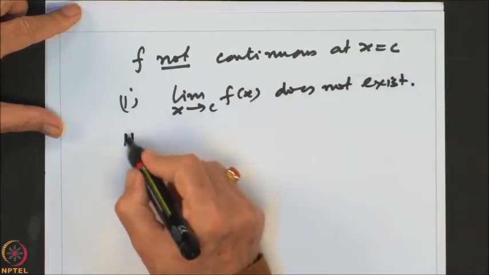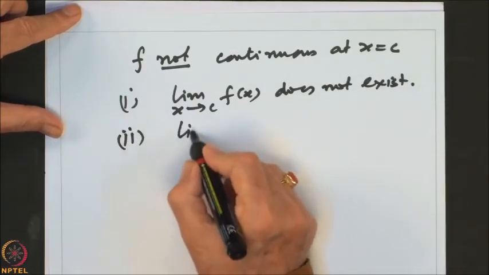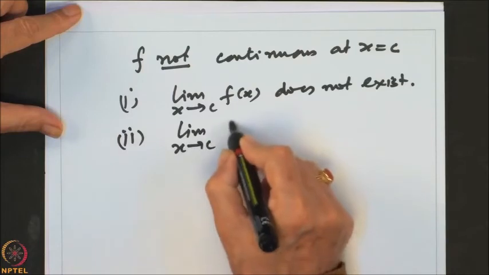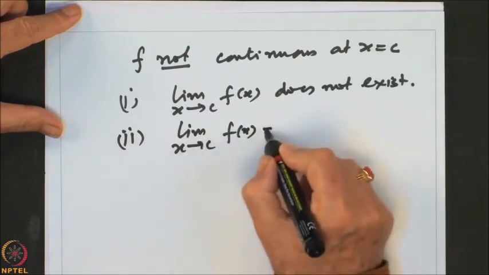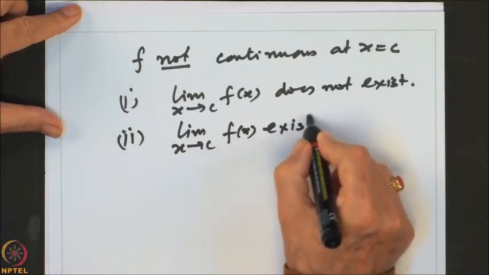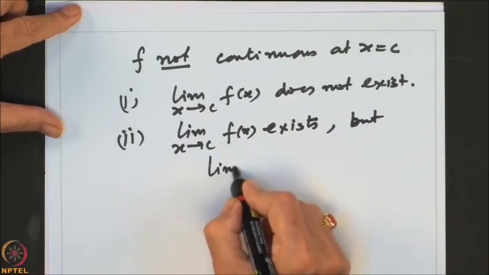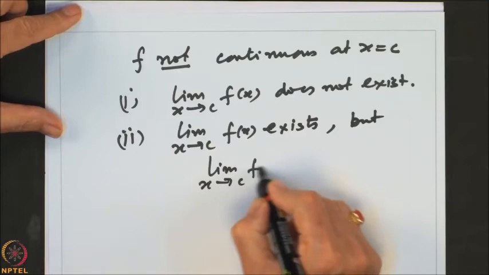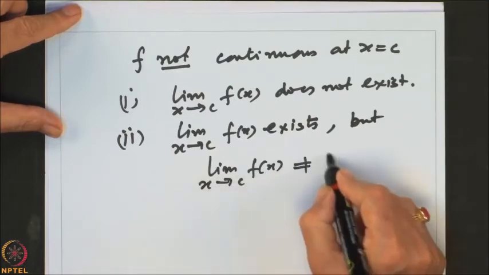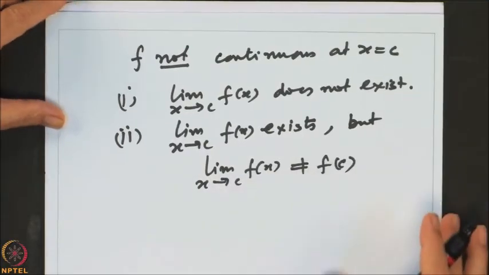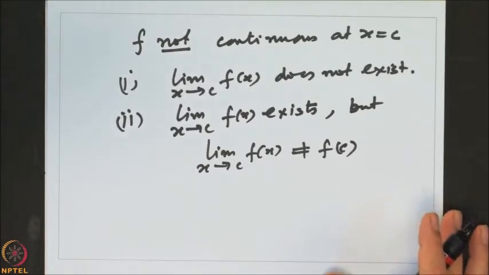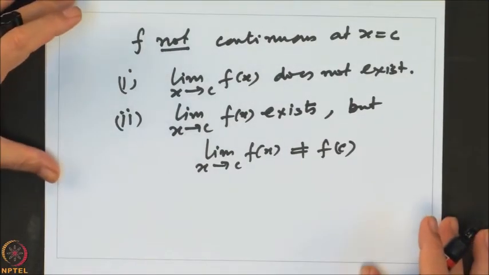That is one possibility. The second is that the limit as x goes to c of f(x) exists, but this limit is not equal to the value of the function at that point. So, that is the second possibility, because what was continuity?